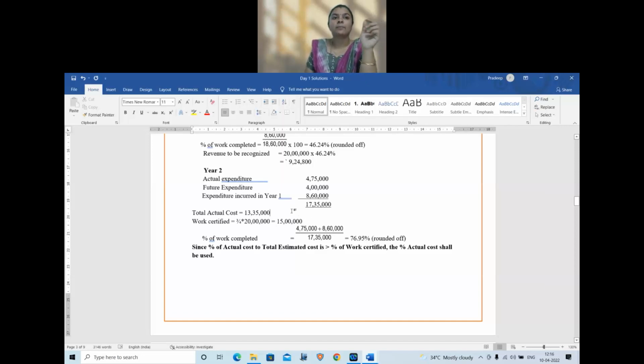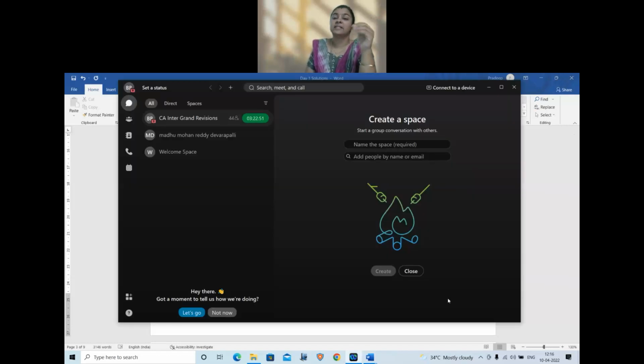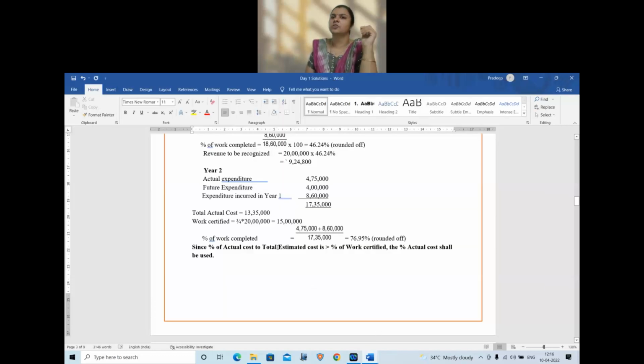Now, I am going to check whether the percentage of actual cost is more than 3/4 or not. So, percentage of work completed is 13,35,000 divided by total estimated cost 17,35,000, which is 76.95%, greater than the work certified. Therefore, we go by actual cost for recognition.